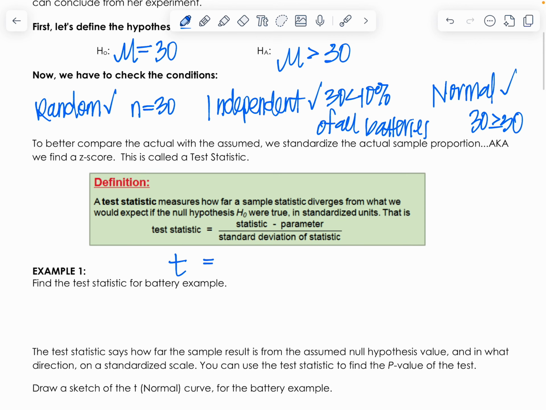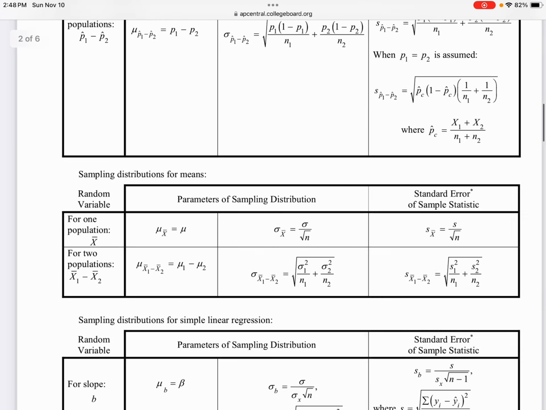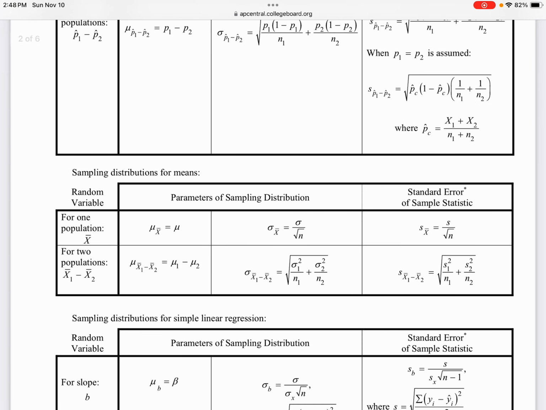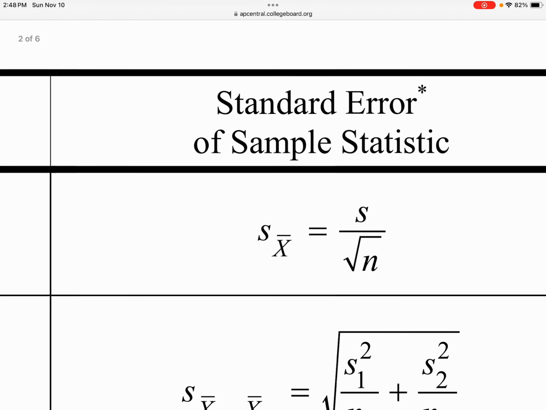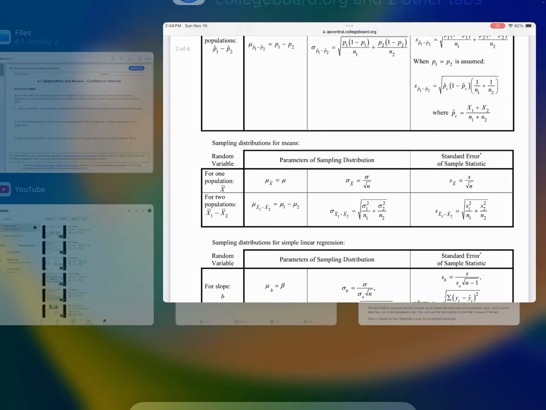And so we will say our statistic is x bar minus the parameter mu over our standard deviation, which is s over the square root of n. Now just to confirm that on our formula sheet, we're down here looking at means, and we're sitting right here, s over the square root of n, for one population, not two.